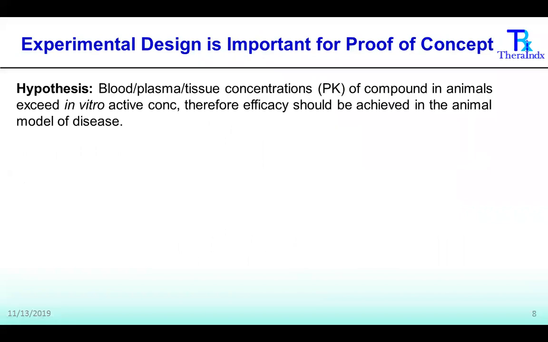To be able to demonstrate proof of concept, experimental design is very important. The hypothesis at this stage is, let's say, blood, plasma, or tissue concentrations, read as PK here, of the compound in animals exceed the in vitro active concentrations, and therefore efficacy should be achieved in the animal model of disease.